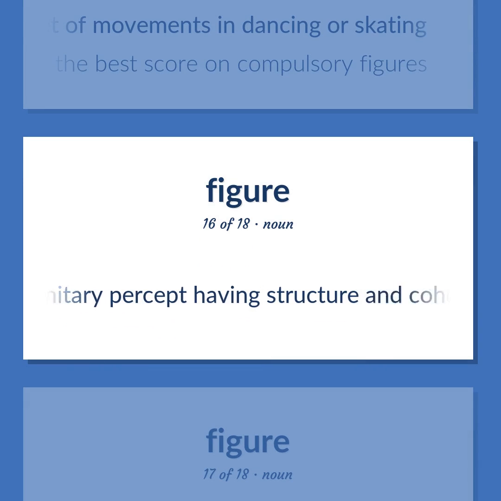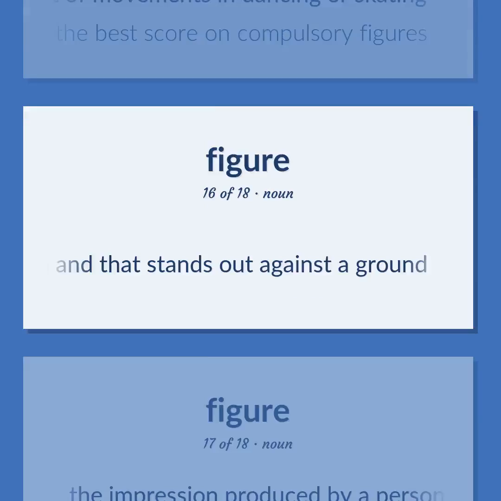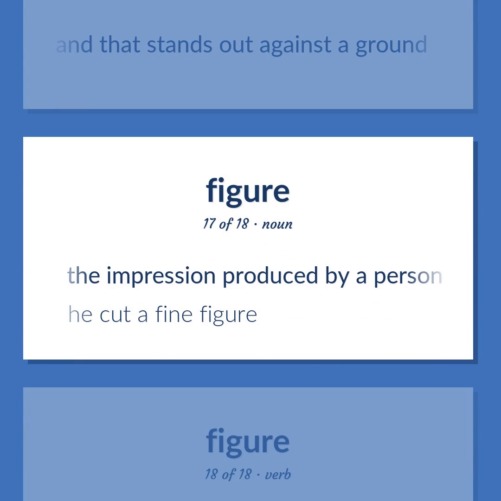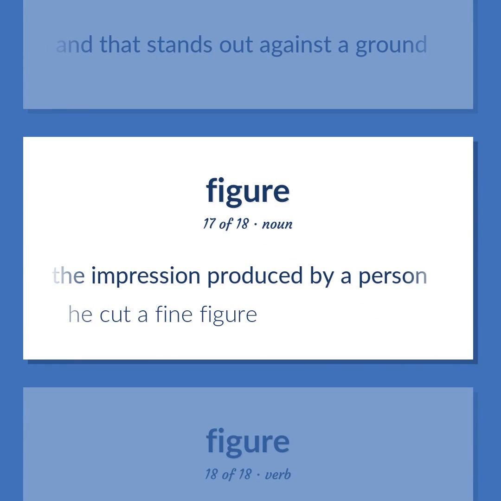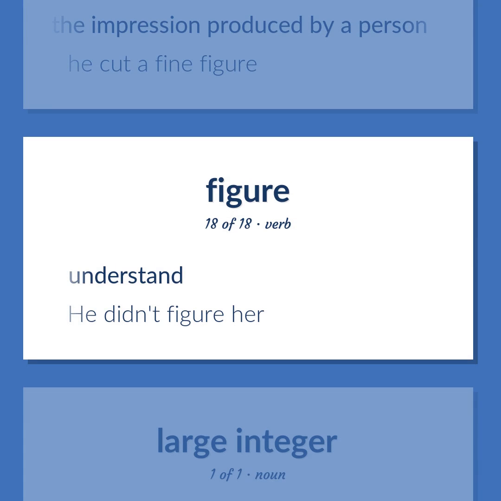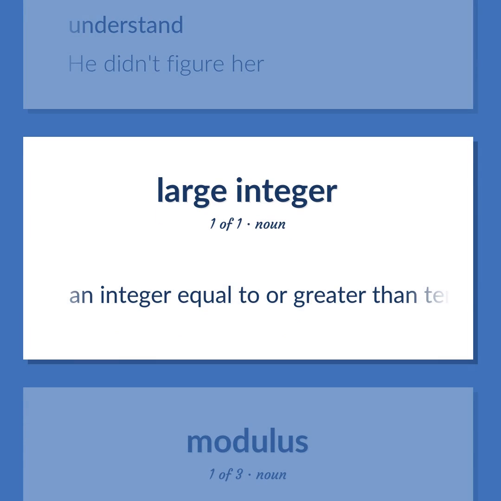A unitary percept having structure and coherence that is the object of attention and that stands out against a ground. The impression produced by a person. He cut a fine figure. Understand. He didn't figure her. An integer equal to or greater than 10.